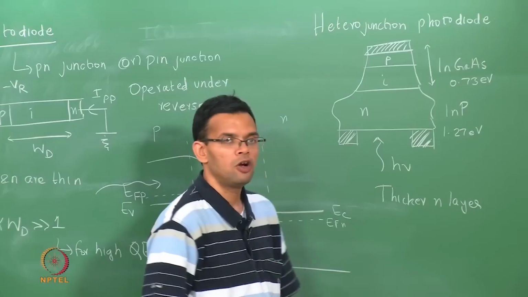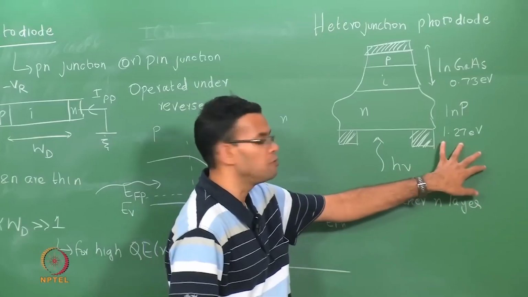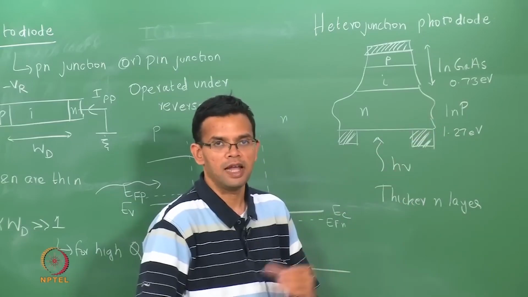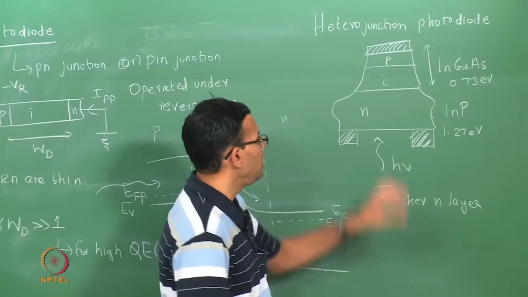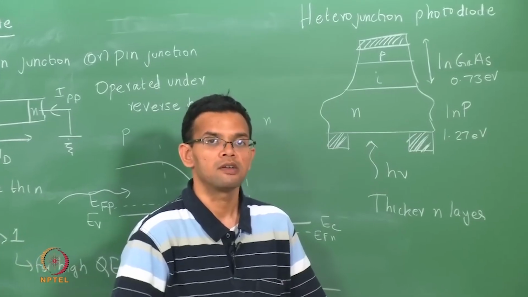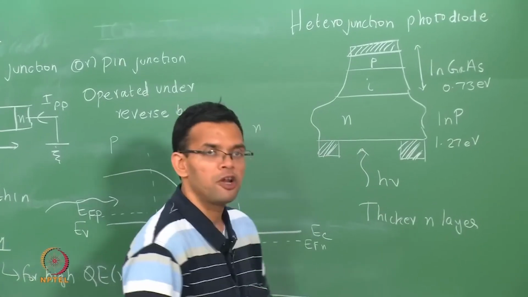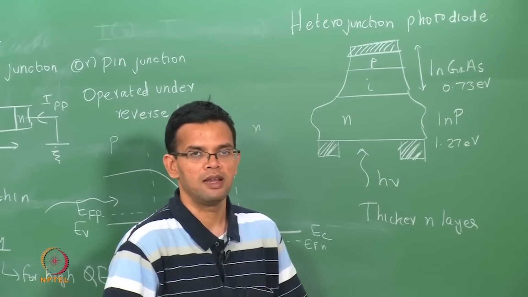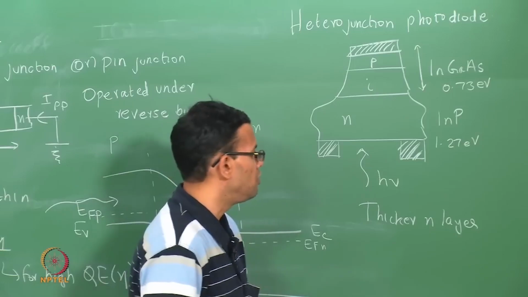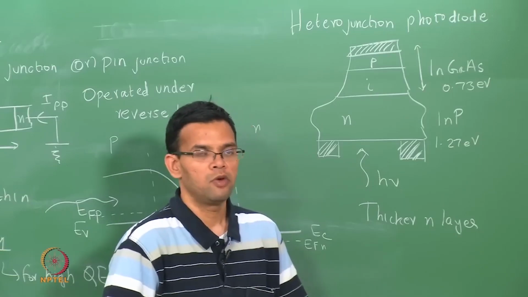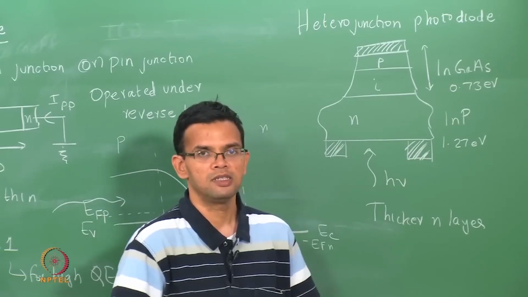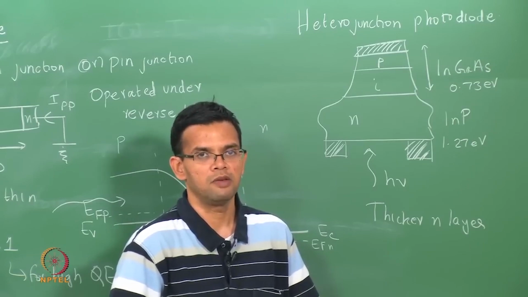For example, if you do not want to look at wavelengths above 1.27, by having a thick N region, those wavelengths or those energies can be absorbed, so that only wavelengths of a certain range can be detected by the photodetector. So, the heterojunction photodiode works on the same principle as a regular PN or a PIN, but offers added functionality because of the difference in the band gaps. The one caveat is we have to grow different materials. So, growing these materials with a good epitaxial contact is very important.